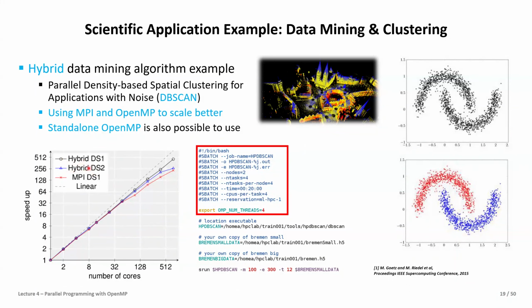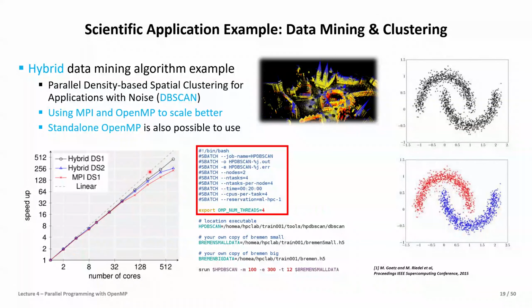You essentially are in the hybrid domain with different data sets, and you see that you already scale better, right? While data set 2 is a bit of an unfair comparison, we have to compare data set 1 with data set 1. You see definitely the hybrid version is scaling better.